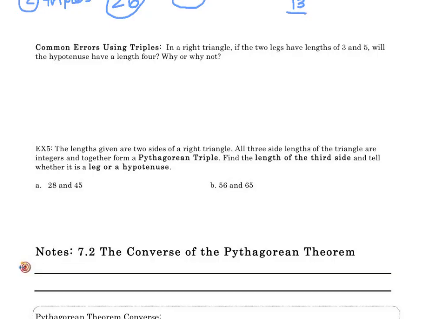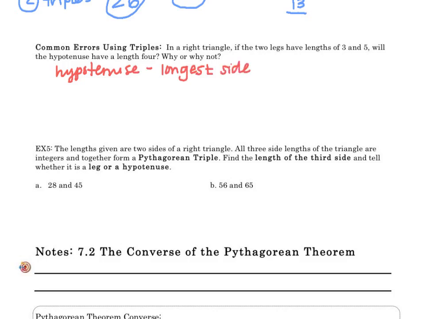So as we've talked about before, the hypotenuse always has to be the longest side. If you haven't made a note of that, you should make a note of it. It has to be the longest side of the triangle.